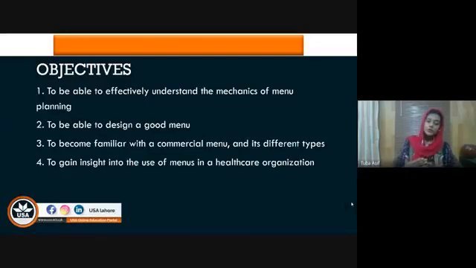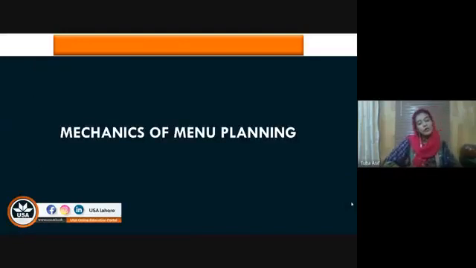You will know how a good menu plan is designed, and you will learn about various commercially based menus and their types, and you will gain an insight into how you can use menu in healthcare organization. So let's begin with the mechanics of menu planning.